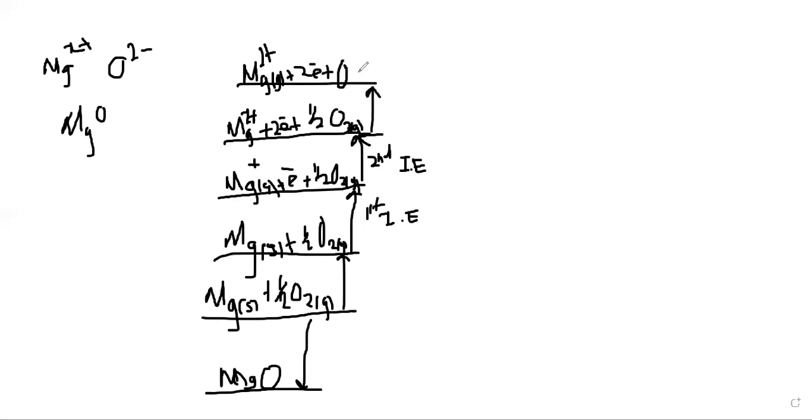Remember, we only need one atom of oxygen in magnesium oxide. First electron affinity, oxygen is going to gain 1 electron. All right, so Mg 2 plus.